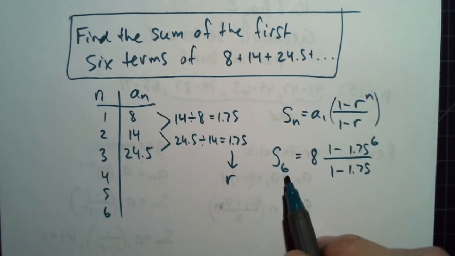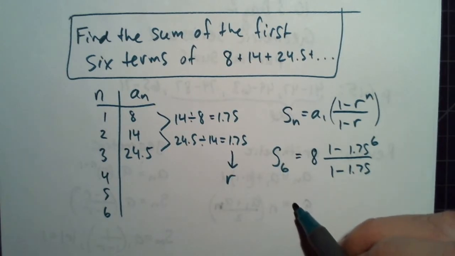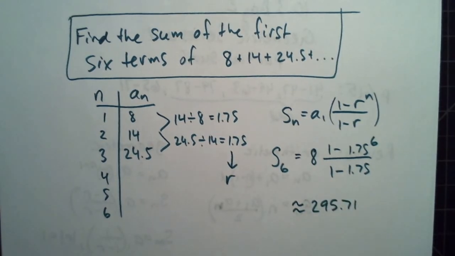The 6th partial sum, that's another way to describe that, and we'll get 295.71.